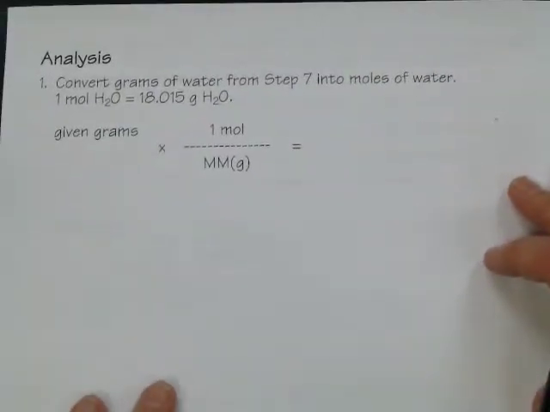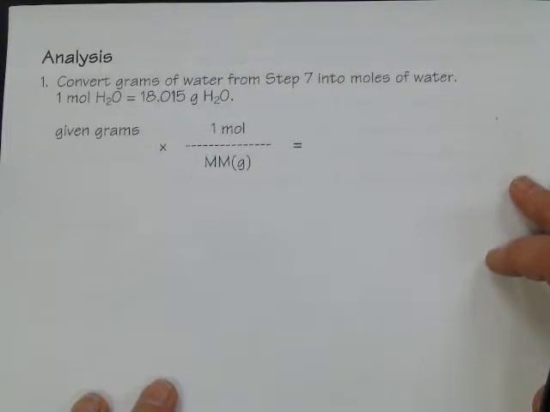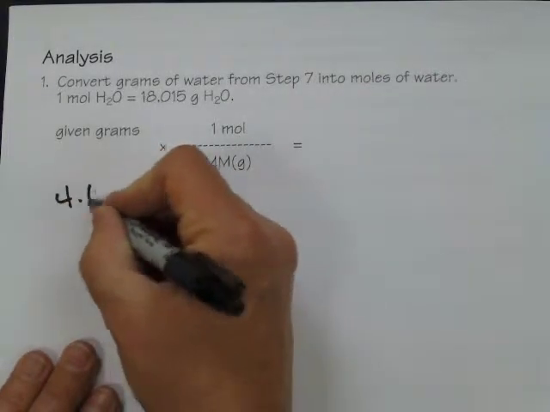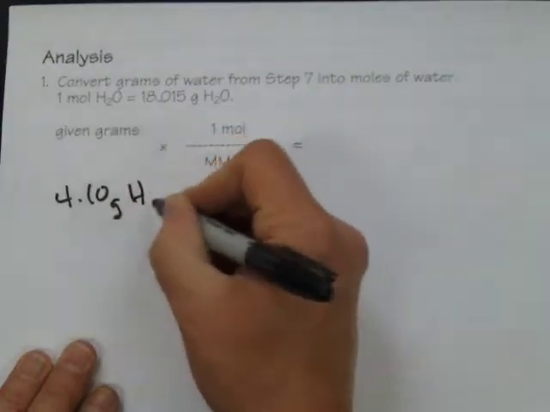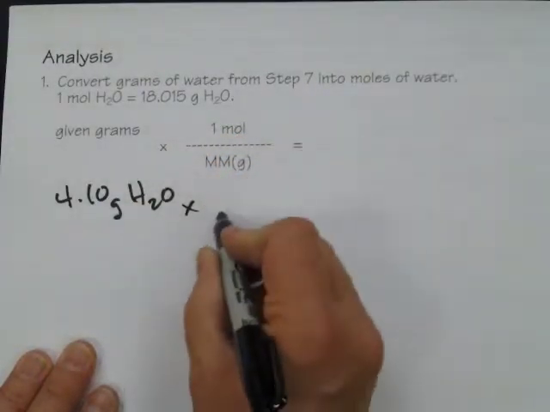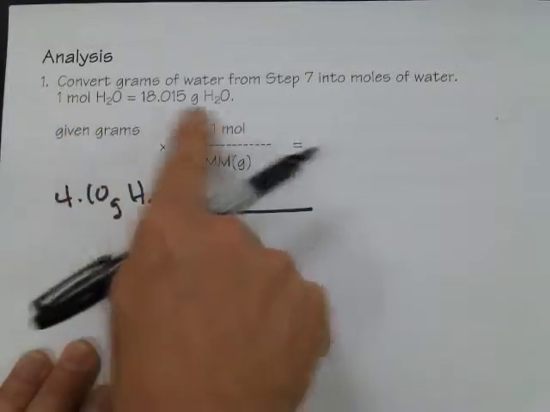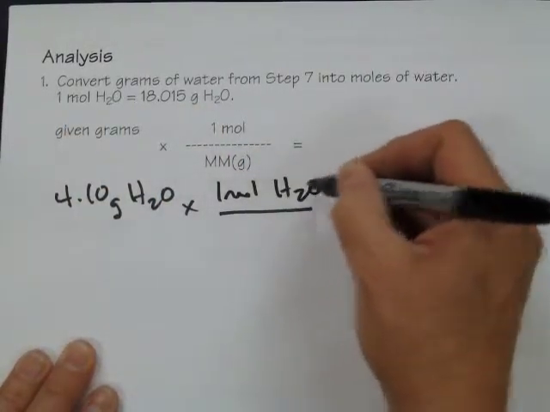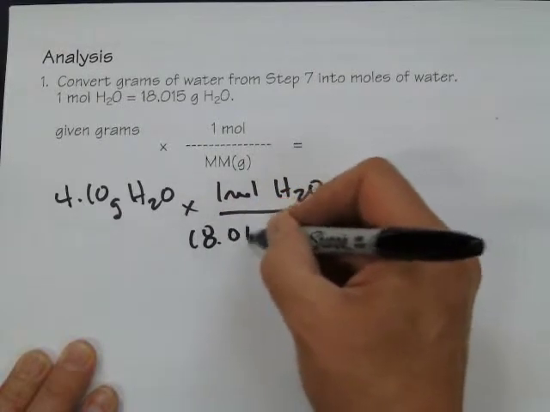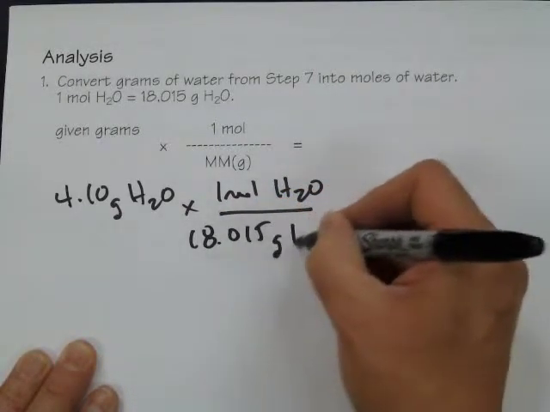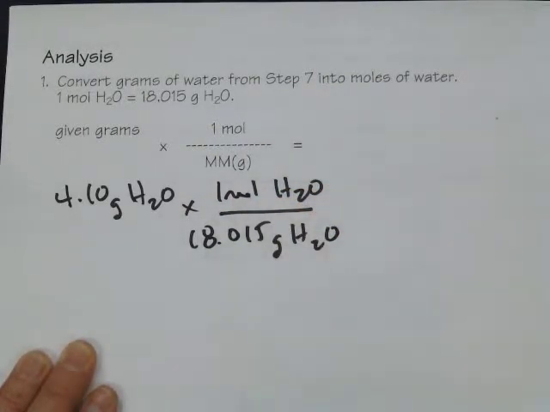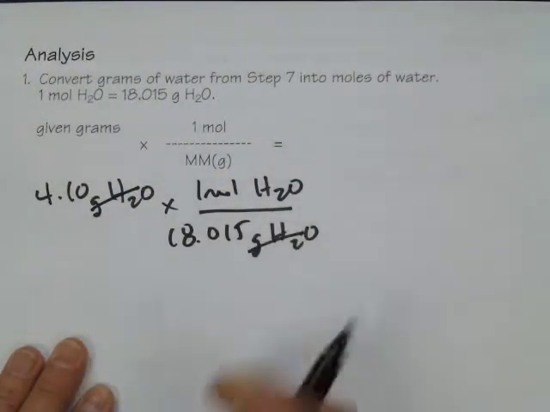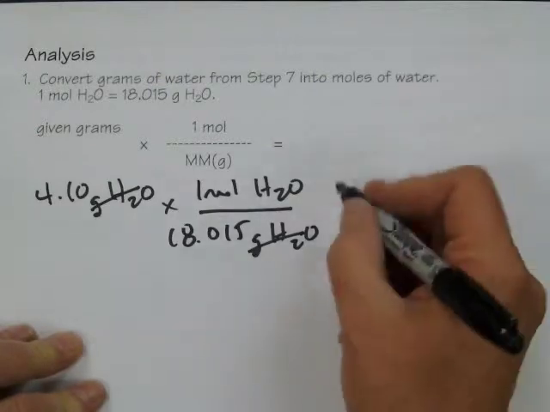we'll convert the grams of water into moles of water. We had 4.10 grams of water, and to turn that into moles, we'll use the molar mass. That 1 mole of water is 18.015 grams of water. I set it up this way so that units would cancel. Anything in the top and bottom of a fraction reduces to 1 and cancels out.